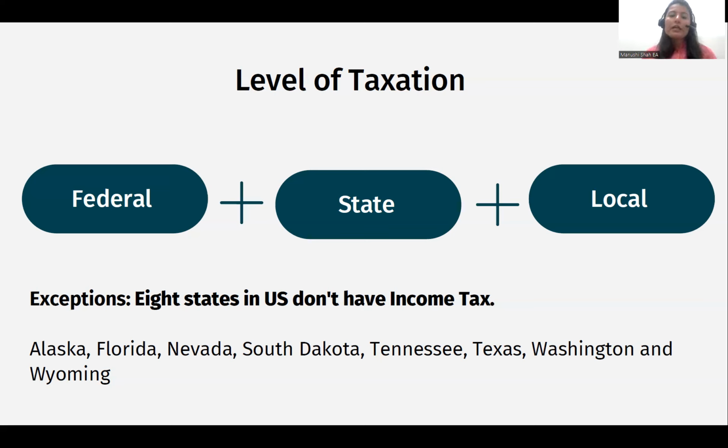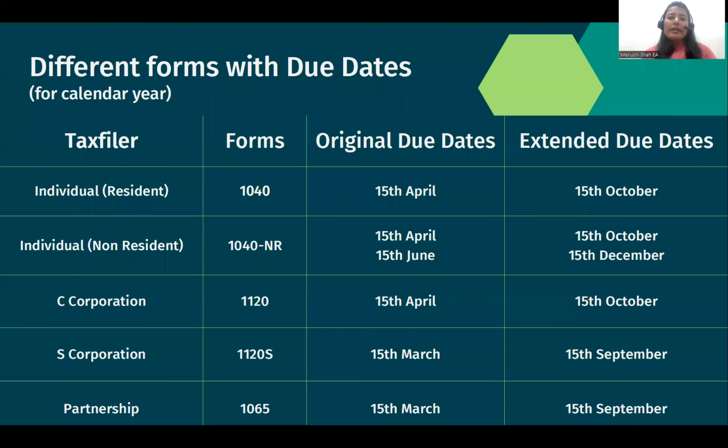Okay. So after knowing the taxation level and the different types of tax filers, now we will see what different forms need to be prepared by the different tax filers and what the original and extended due dates are for those tax filers. So here I have put a chart with the calendar year taxpayer.